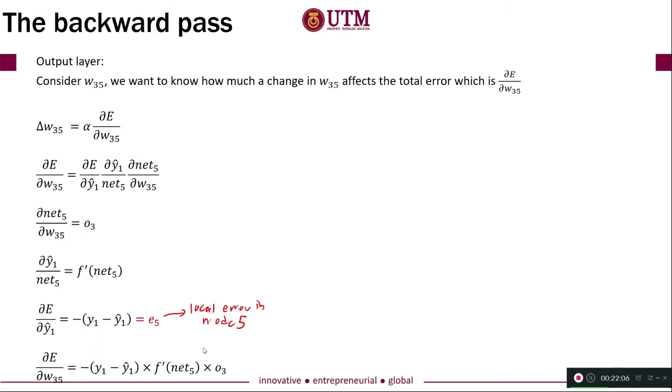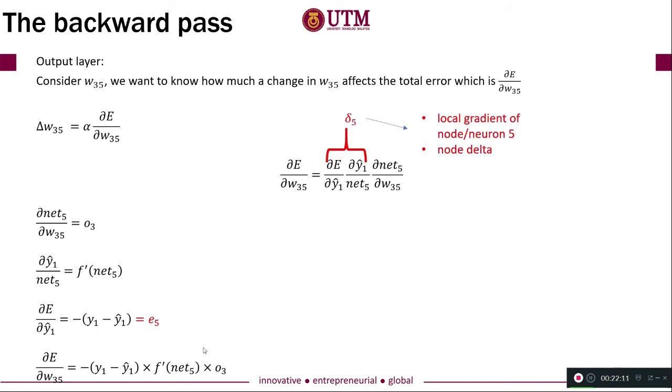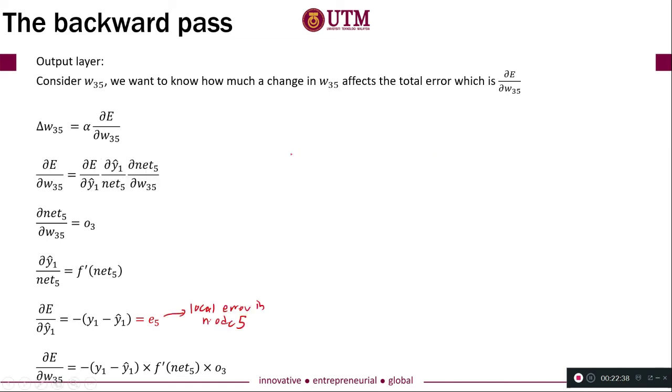I also introduce you to another notation, which is also known as a local gradient or node delta, or simply delta. When I say delta 5 or node delta 5, it is actually the local gradient of node or neuron 5. It's the same expression as this one.